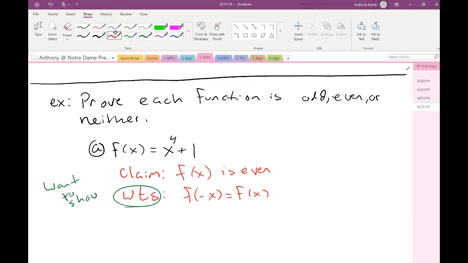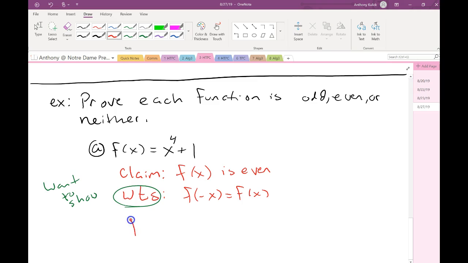It's a phrase we use a lot, which just stands for want to show. So oftentimes inside of a proof, I state what I'm trying to prove, in this case that f of x is even, and then in order to show that, I state what it is that I need to do in order to show that.